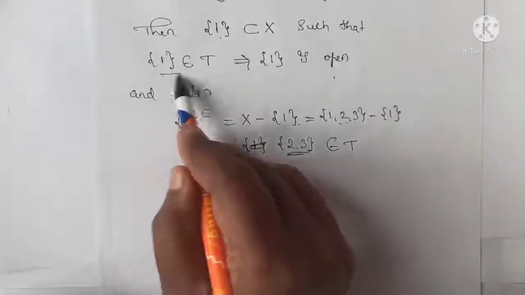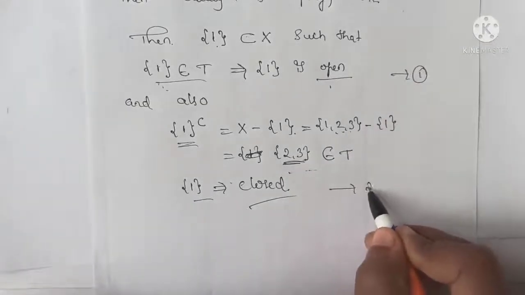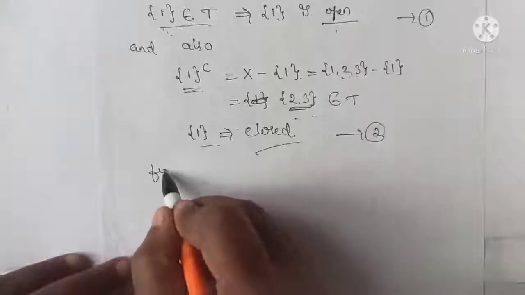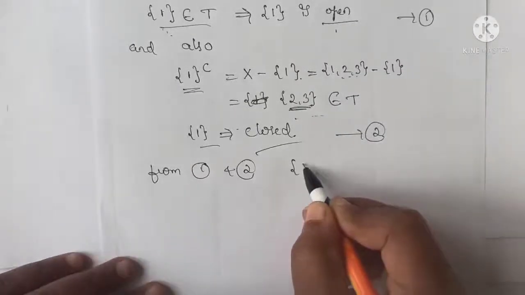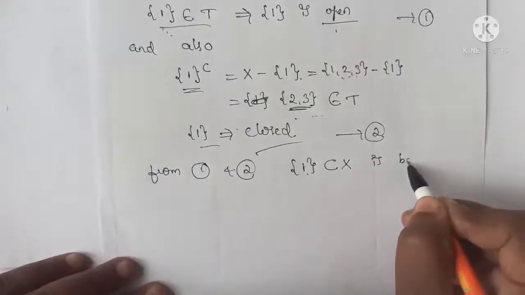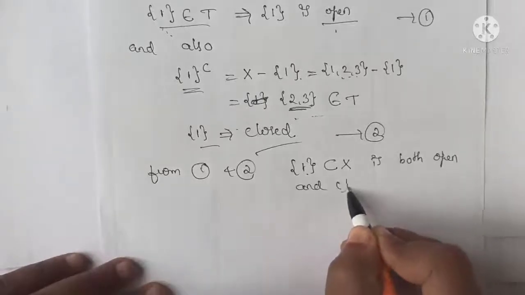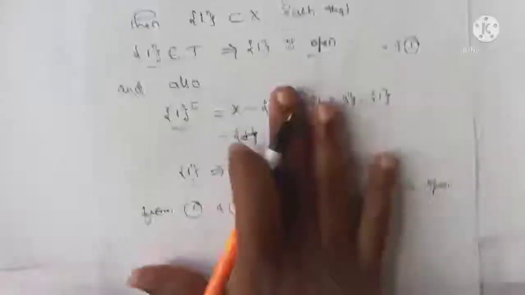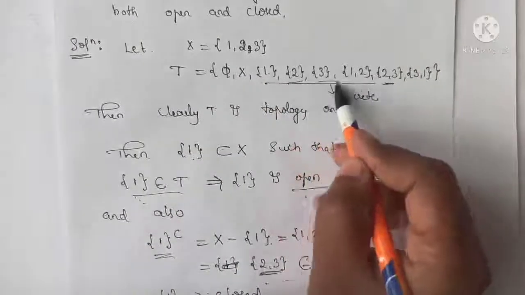So from 1 and 2 we can say that the subset {1} of X is both open and closed. In fact, not only this one, you can consider any subset from this topology.